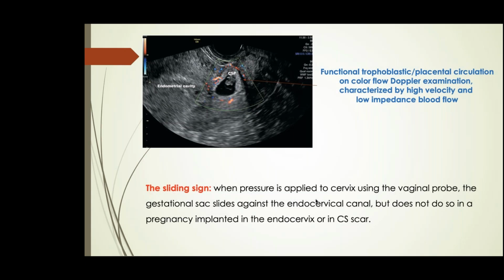So this is a negative sliding sign, and it is in keeping with cesarean section scar pregnancy. If the sac moves in and out, this means that it is a missed miscarriage or blighted ovum that has been moved from the uterine fundus down to this place. I hope this is clear.